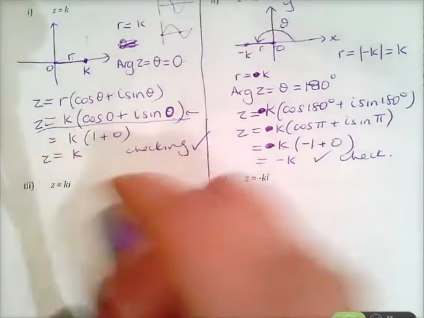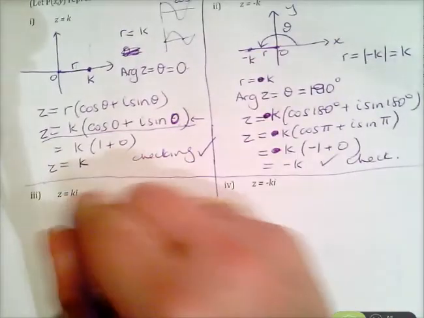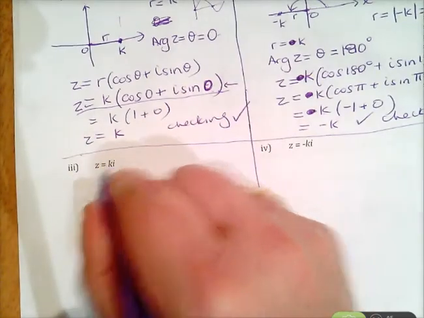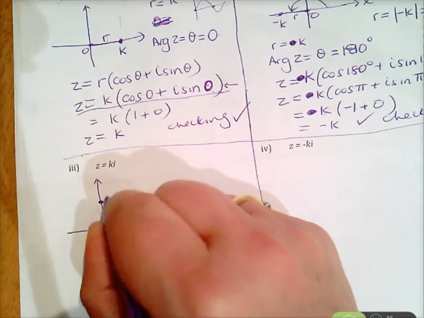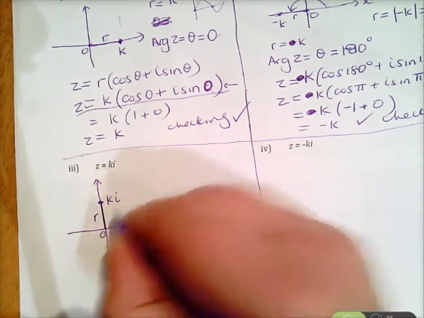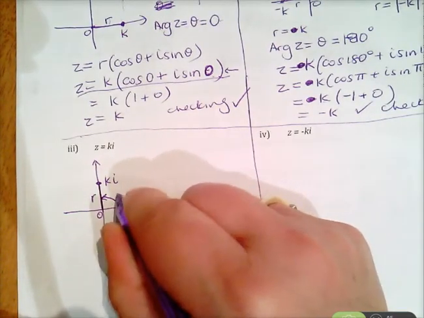Okay? Now, looking at z equals ki. If k is a real number, a positive number, then ki would lie up here. So what's this distance here? It's r. There's the origin. There's your angle from the positive direction of the x-axis.